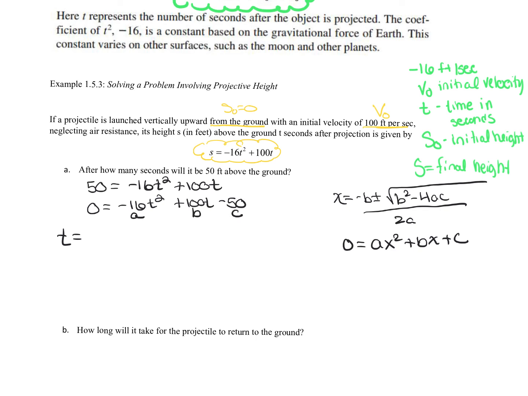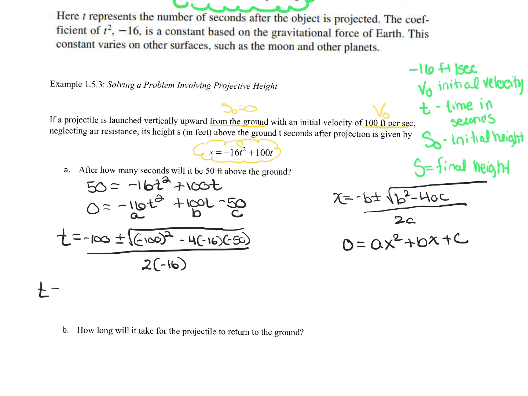So the opposite of b is negative 100 plus and minus the square root of negative 100, parentheses matter, gotta square the whole thing, minus 4 times negative 16 times negative 50, all divided by 2 times negative 16.